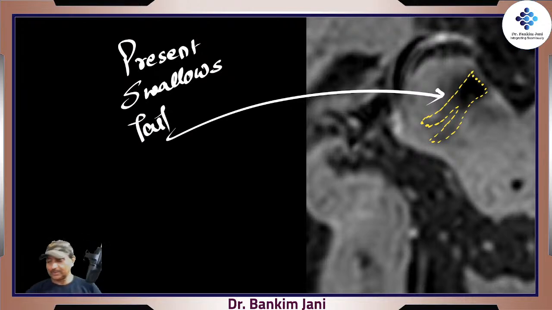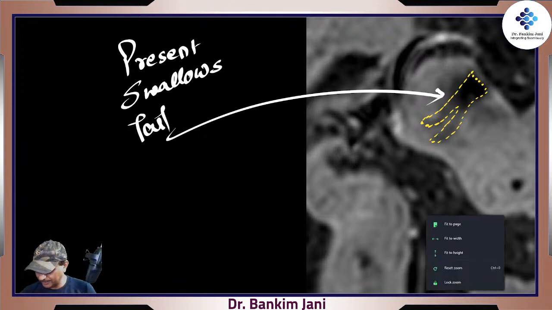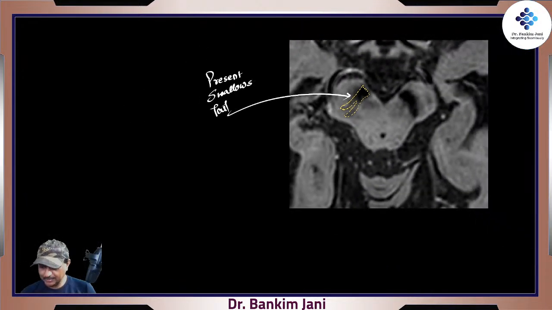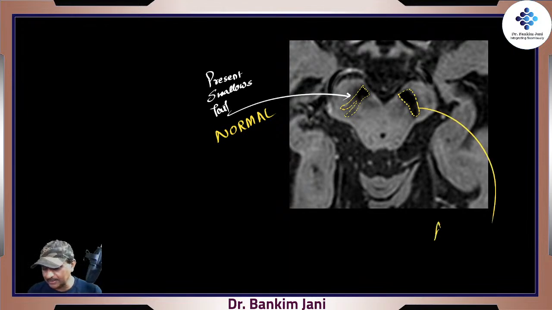Now, if you want to see how it really looks in abnormal cases, watch the opposite side, and then there will be the aha factor. Oh yes, the whole thing is like this. This is normal. This one is abnormal. This is a patient of Parkinson's.